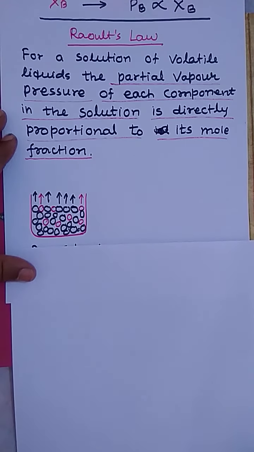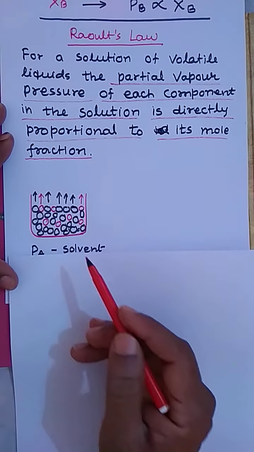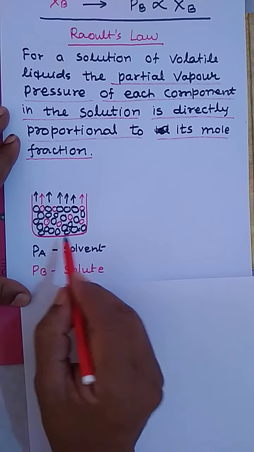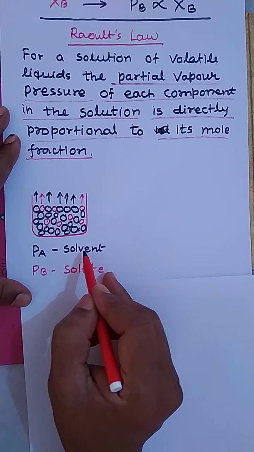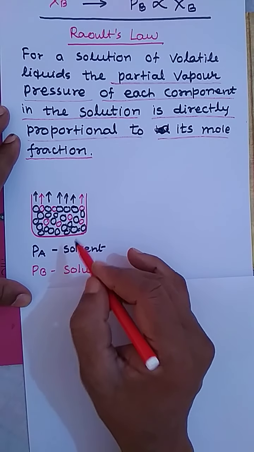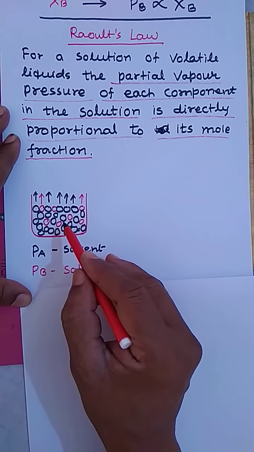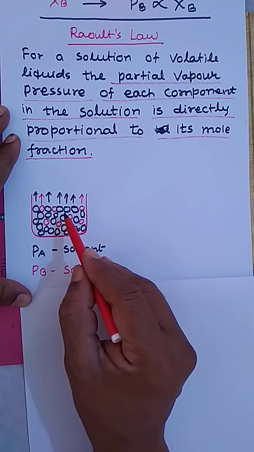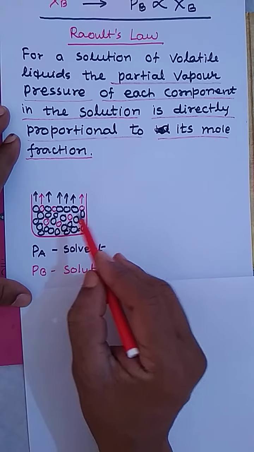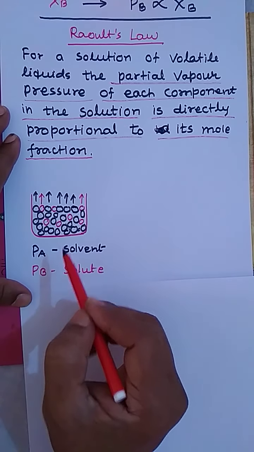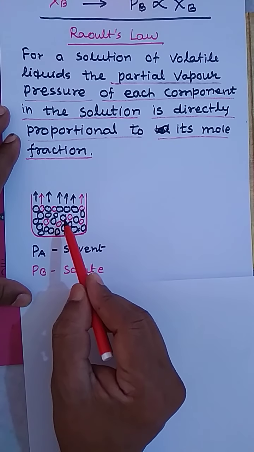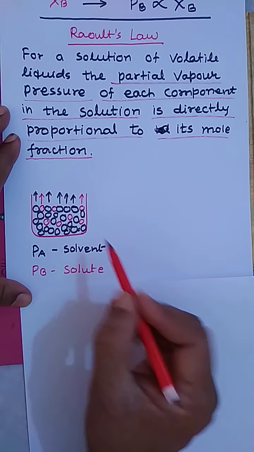We see here it's a solution of two components, PA and PB, where B stands for solute and A stands for solvent. In the figure, solute particles are fewer than solvent, so vapor pressure by solvent is more than solute, because partial vapor pressure PA depends on the mole fraction. The mole fraction of component A is more than B, right?